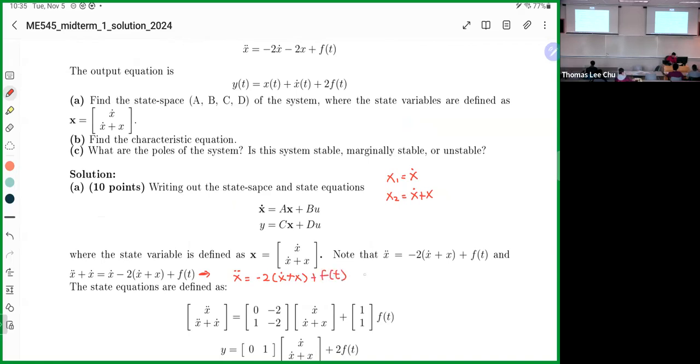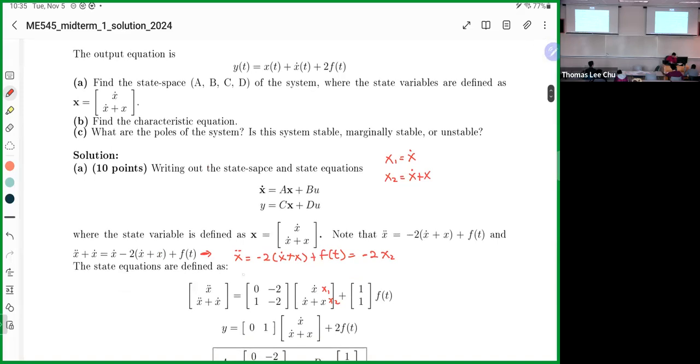And from there, you can just see that this is equal to -2 times x2. And that's my first row. So this is x1 and this is x2.